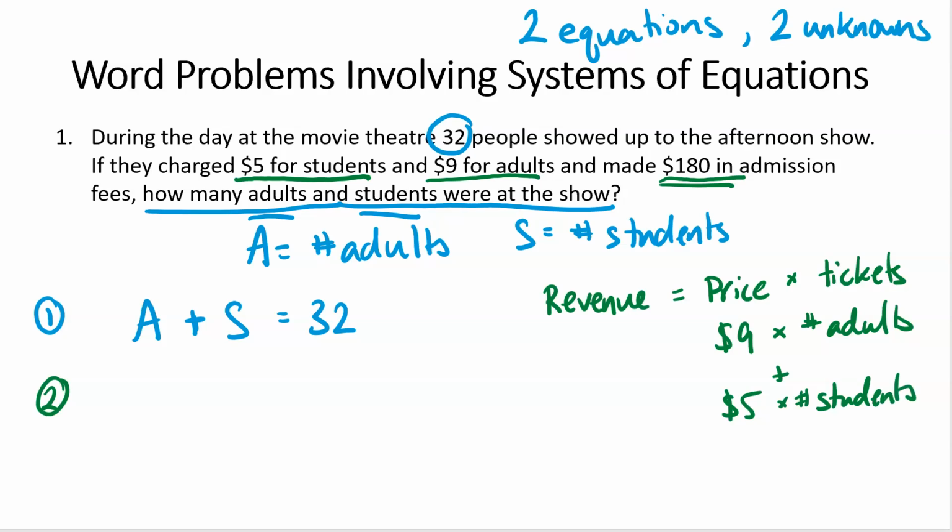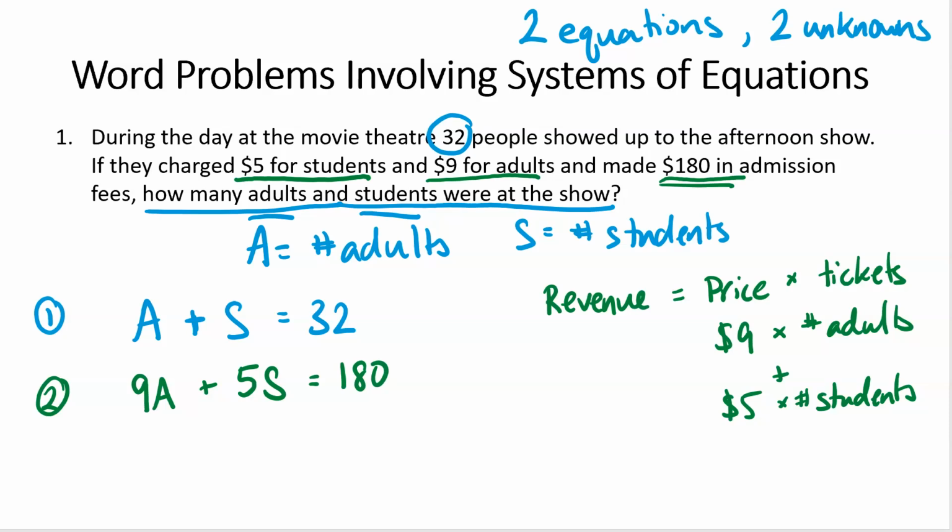Well, we have variables for those two things, right? Number of adults is the letter A, number of students is the letter S. So for revenue, we would have $9 times A adults plus $5 times S students equals a total revenue of $180.